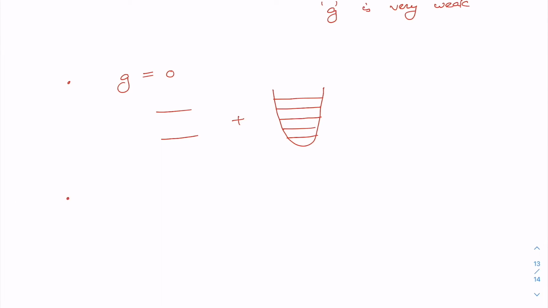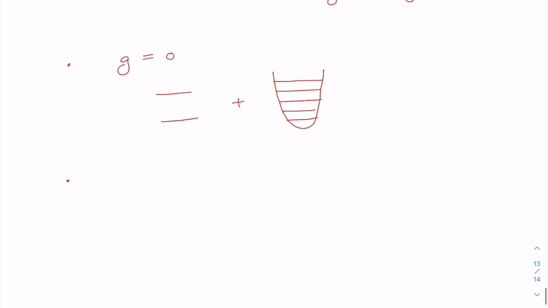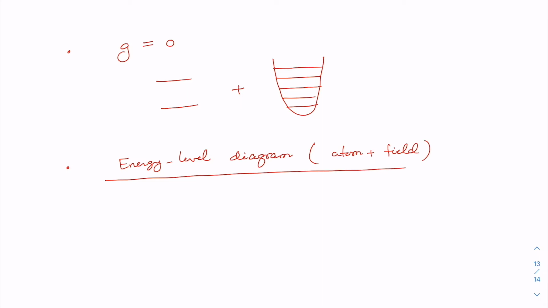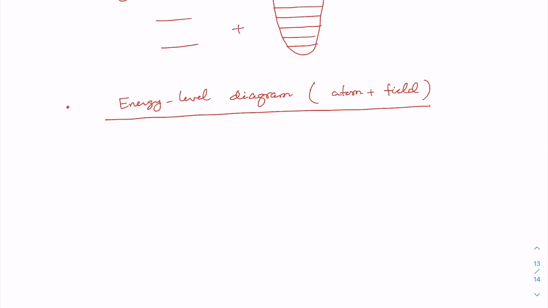And in this process we are going to take the number of photons inside the field mode with the atom to be either in the excited state or in the ground state.